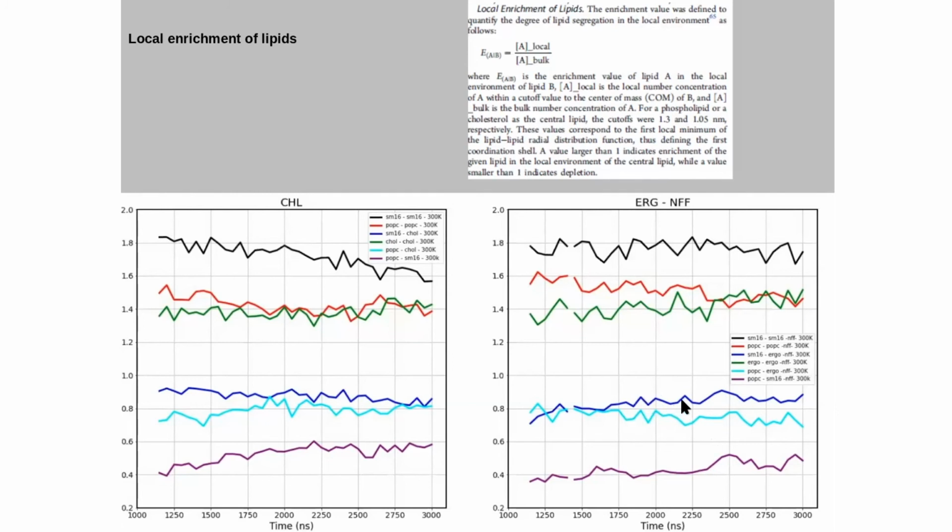So that means that in this case, one is enriched in ergosterol, and the other one is losing ergosterol, whereas here this seems to be distributed equally. So there are some dynamical behaviors that we can compare to the AFM results, and they are giving us confidence in the simulation.